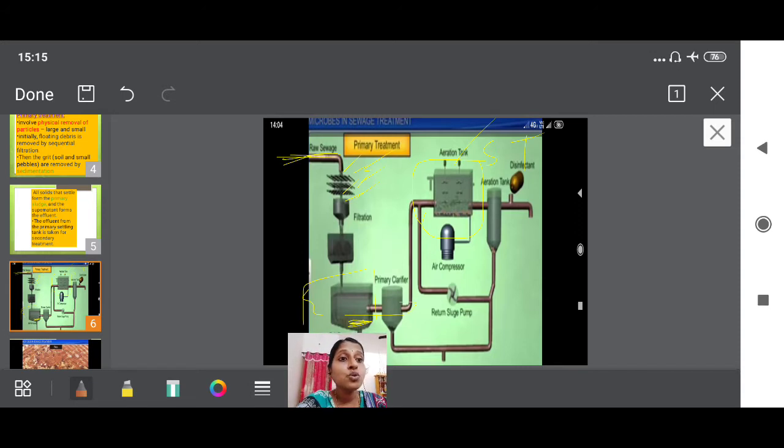The effluent coming here is rich in organic matter, along with a large amount of microbes. When they get air, they are very happy, eating, multiplying, increasing in number. Food is there, so they go on multiplying and eating up all the organic matter present in the effluent.